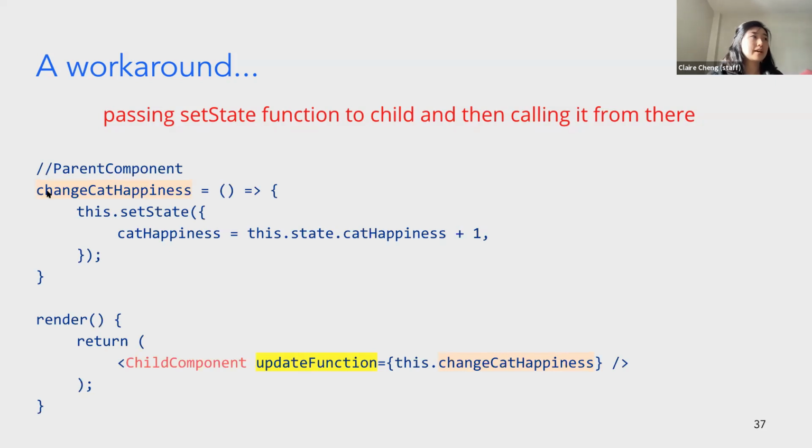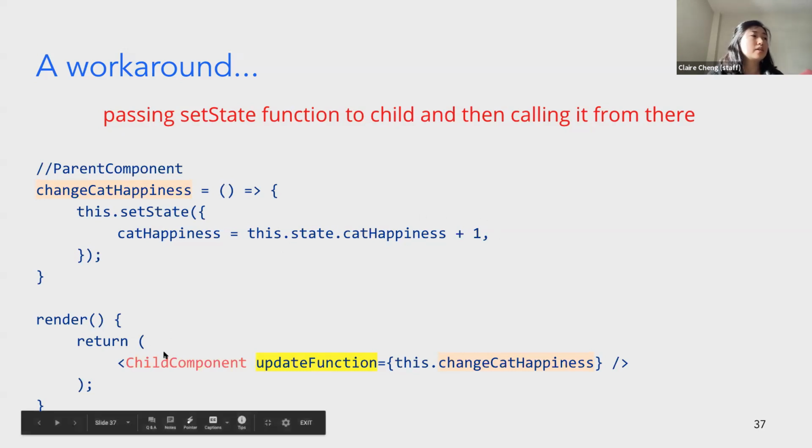So let's say in our parent component, we have a function called changeCatHappiness, and inside this function is just a setState. I just named it for brevity's sake. So this.setState, and then I'm updating this field of the state by 1, whatever it is. And then in the render, I'm calling upon this child component, and I pass in this function, changeCatHappiness, as an argument to this prop called updateFunction.